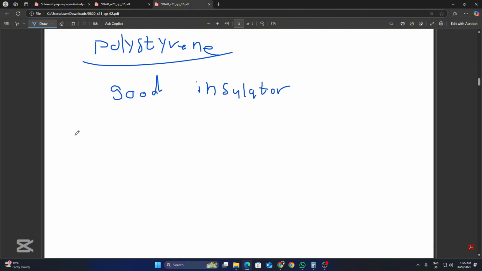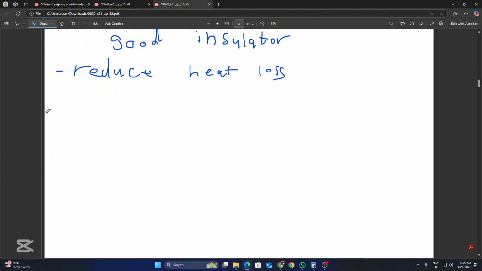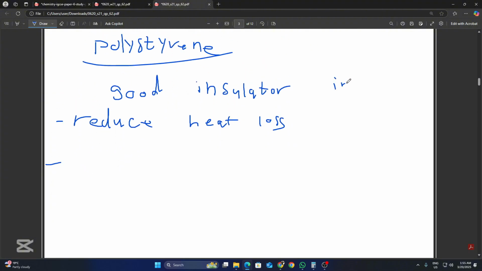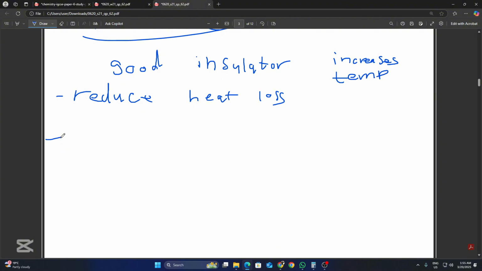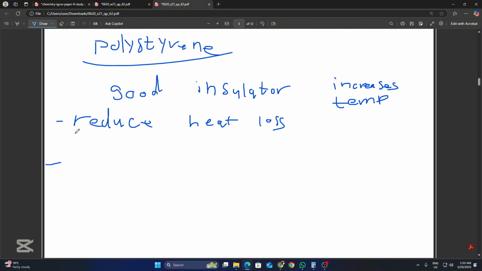So it helps reduce heat loss, and it helps increase the temperature. It reduces heat loss, and it helps maintain the temperature.